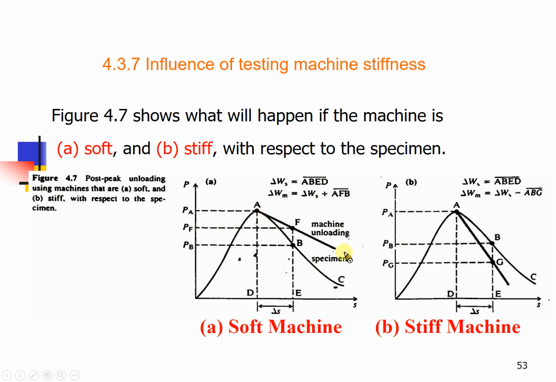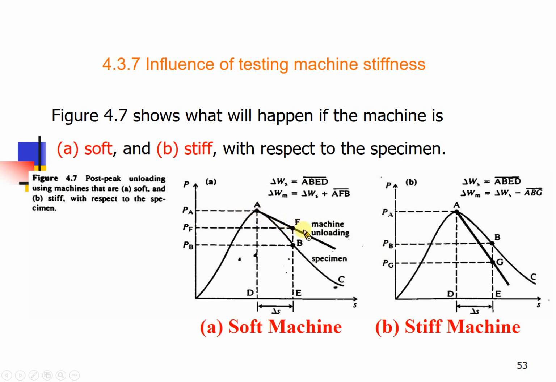For the soft machine, when the rock is subjected to stress beyond the peak strength, then the stress-strain curve will start to decline. For example, if you have a displacement delta S, then the strength the rock can sustain will drop from PA to PB.